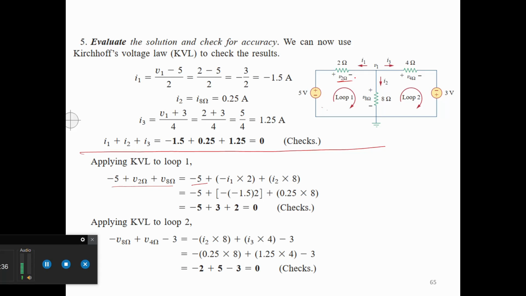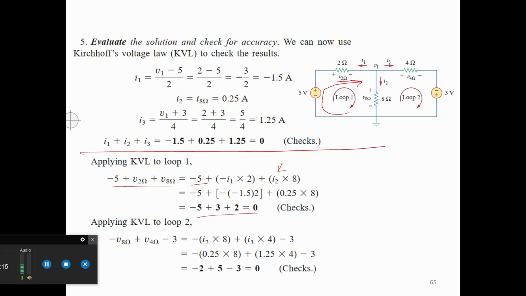V2 is basically I1 into R. I1 is opposed to the loop direction because we are taking the loop in this direction, so we take I1 with a negative sign and 2, and then we take I2 with a positive sign because the direction of the current that we assume and the direction indicated are the same. So we calculate this, and the total sum of all the voltages around loop 1 comes out to be 0.